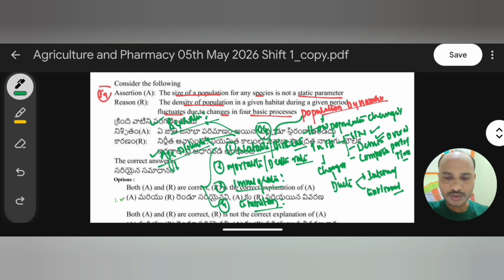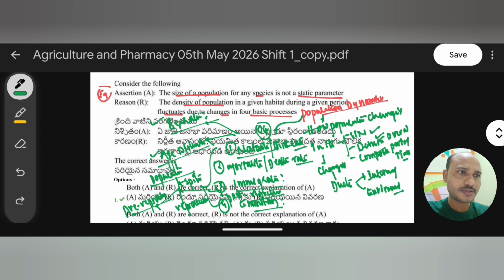Based on age distribution, the population is split into three important categories: pre-reproductive age group, reproductive age group, and post-reproductive age group. All these are the various factors or attributes of a population, and they help us to know the density of the population in a given period of time.